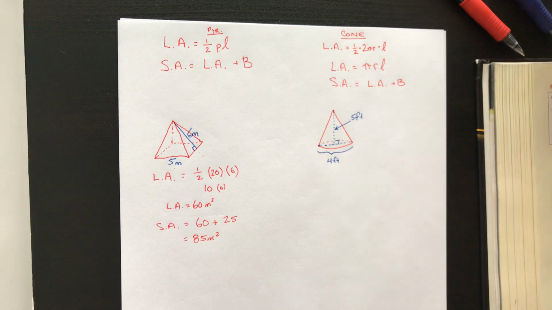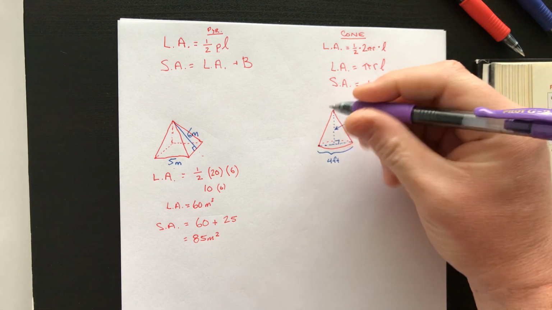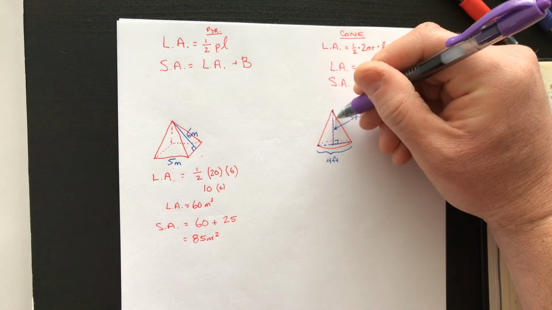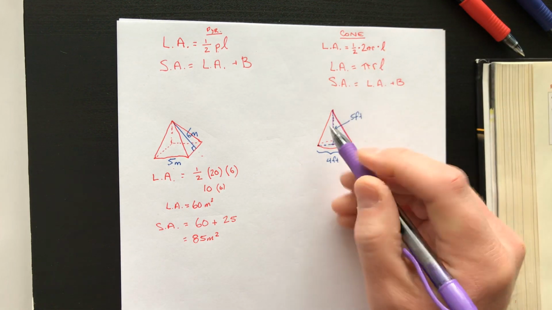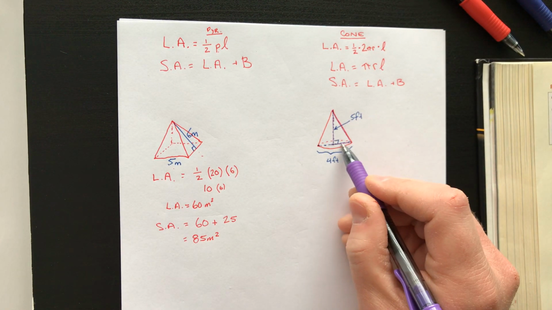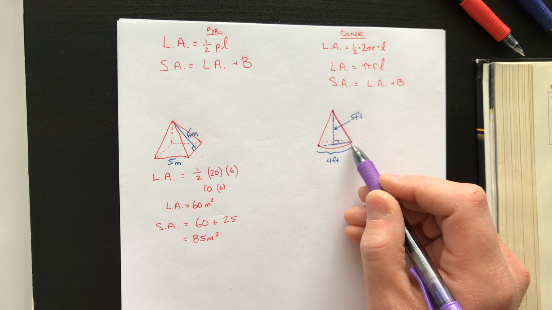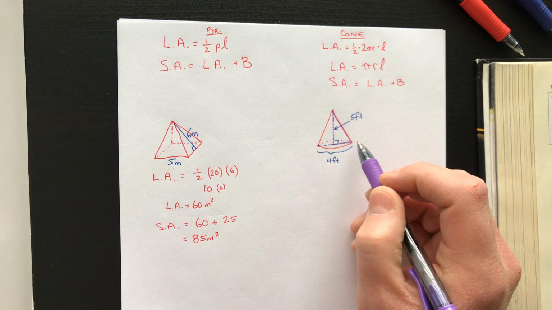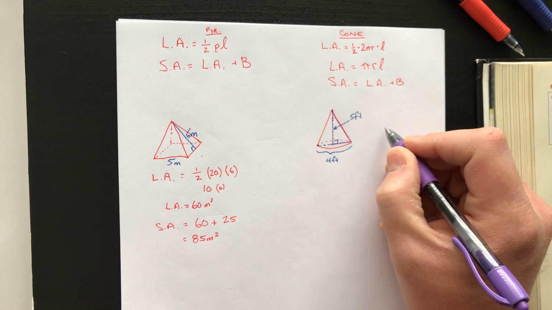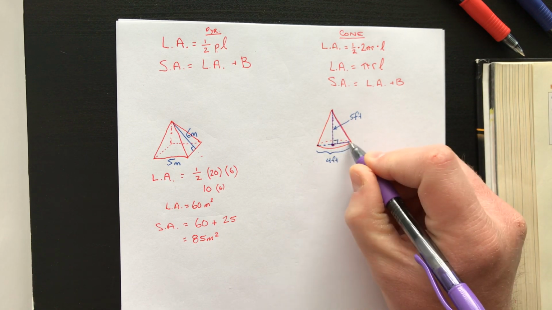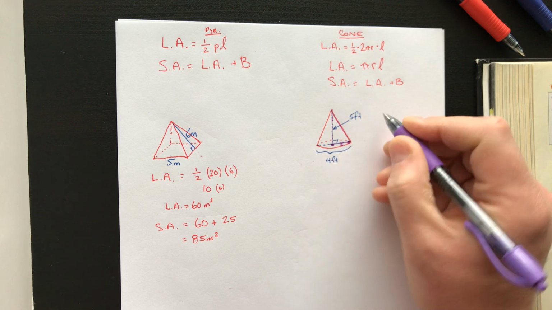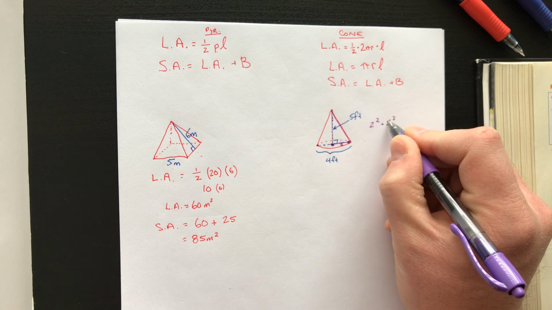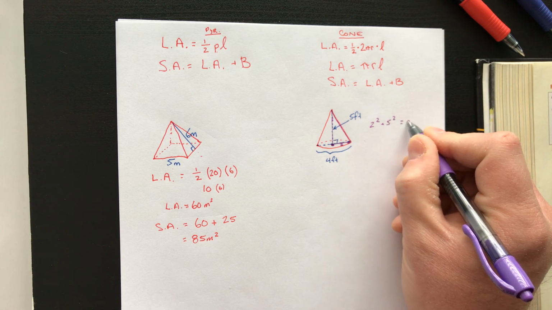All right, but look at what we have here inside of this cone. We have a right triangle. And if we know that this leg is 5 and this leg is 2, we can solve for the hypotenuse using the Pythagorean theorem. This leg here is 2, it's half of the 4. So we have 2 squared plus 5 squared is equal to c squared.